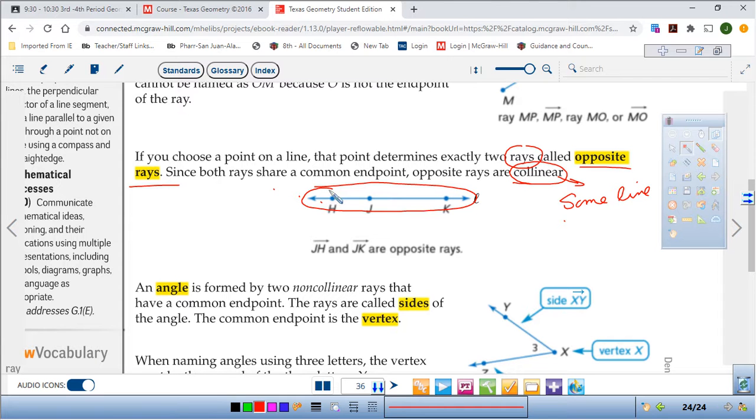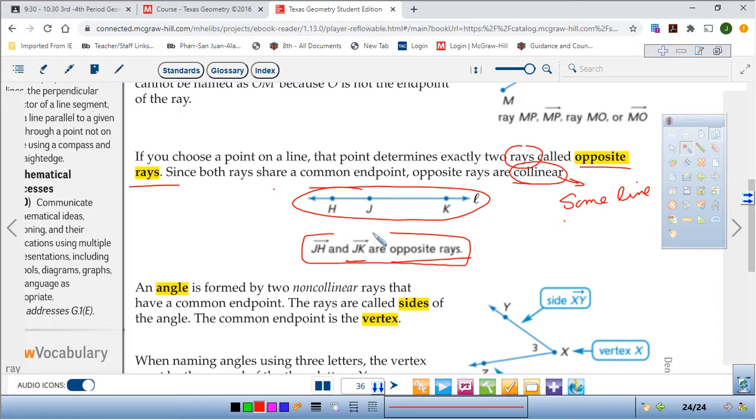So if you hear, like this one saying here, ray JH, this way, and ray JK, this way, are opposite rays, then we basically know that this here is a straight line. Make sense? Make sure you know that. So this means same line, right here.